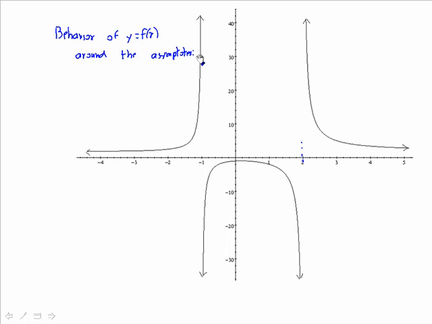And we have a few problems based on this graph. Like, we don't know whether it's going up forever or going down forever. So what we can do is take a look at the limit as x approaches negative 1 from the left.